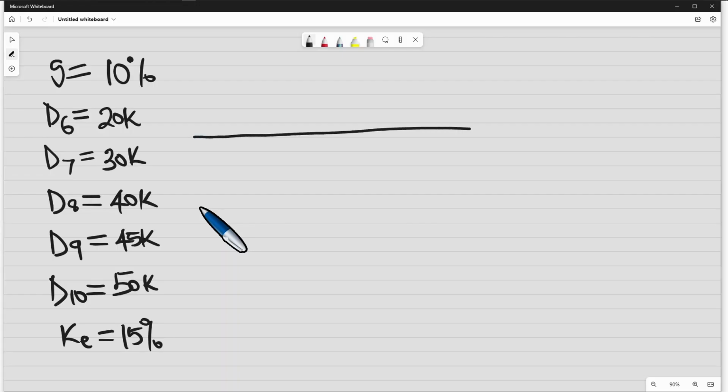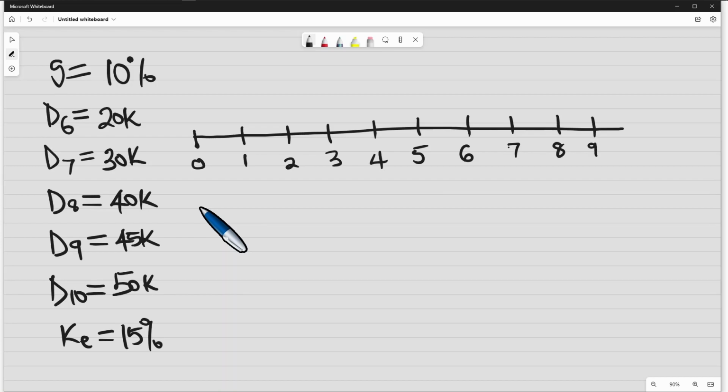Draw the number line: 0, 1, 2, 3, 4. So starting from year 6, the dividend is 20 kobo, 30 kobo, 40 kobo, 45 kobo, and 50 kobo.